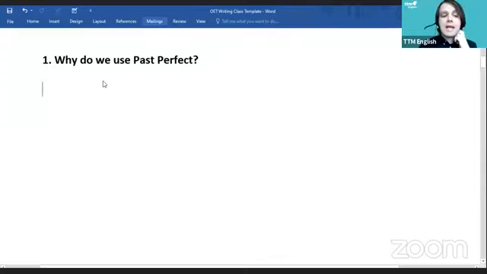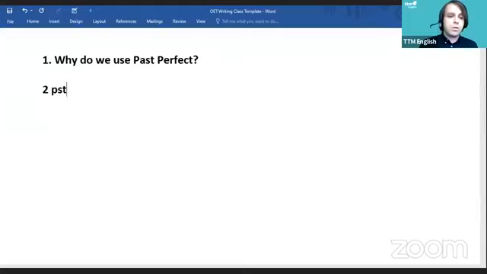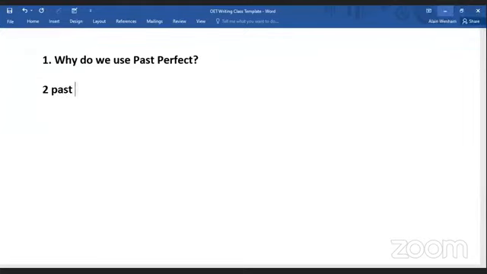Anna, I agree that's basically right. Let me ask someone else to reformulate that, just to make sure we're all on the same page here. Eugenia, do you agree with Anna about this idea of two past actions? Could you say that in your own words? Yes, two past actions, that are finished now.